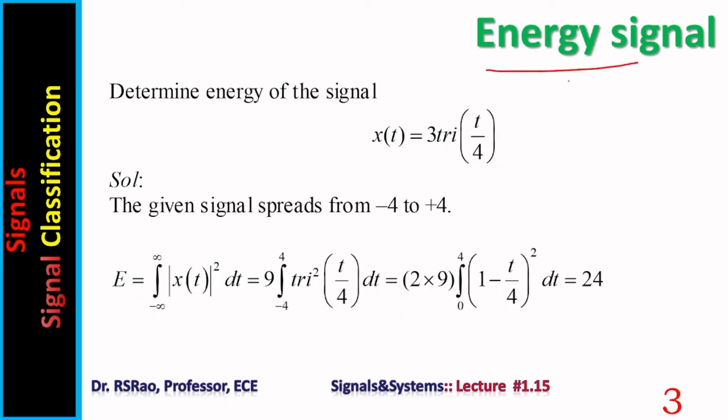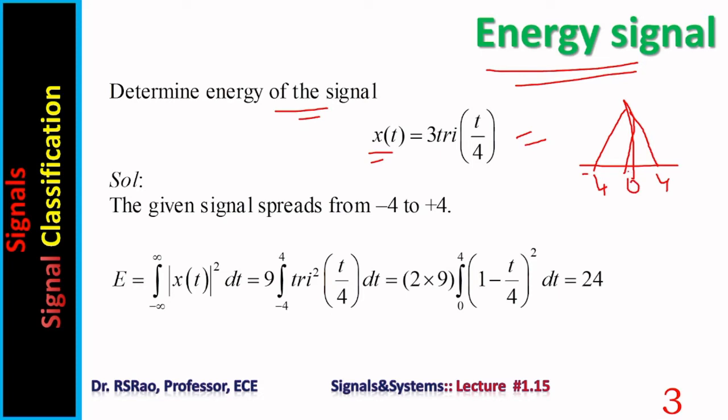Another problem is based on the energy of a signal. Determine energy of the signal x of t, given as 3 triangle t by 4. The triangle function spreads from minus 4 to plus 4, with the origin in the middle.